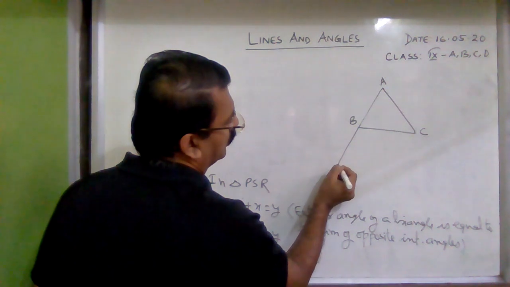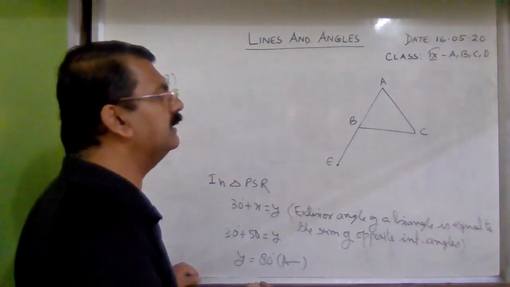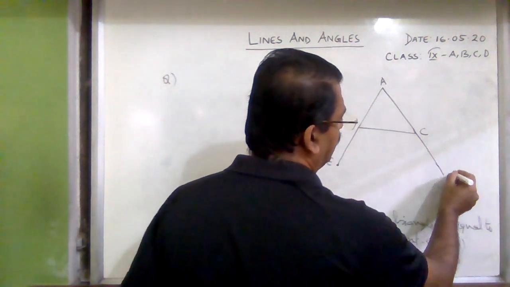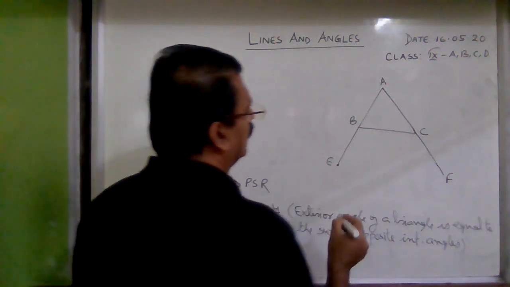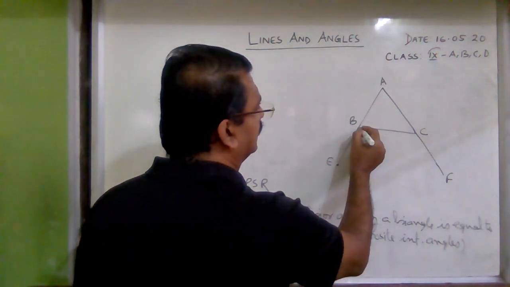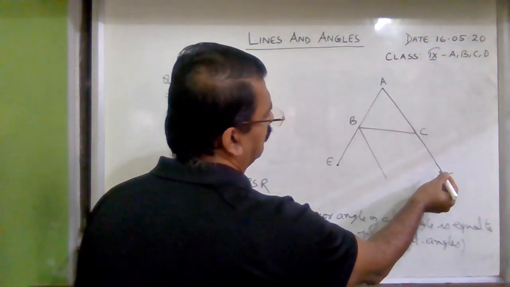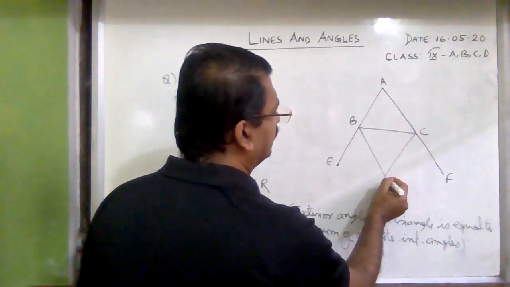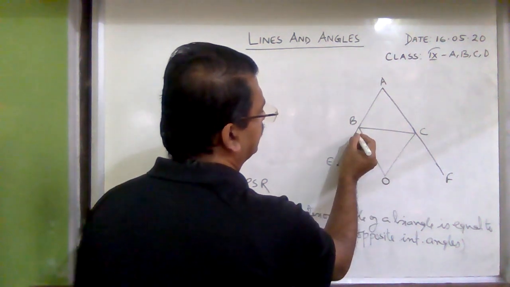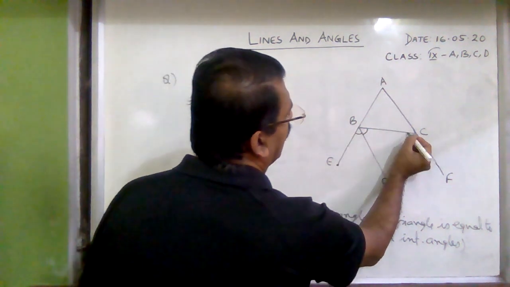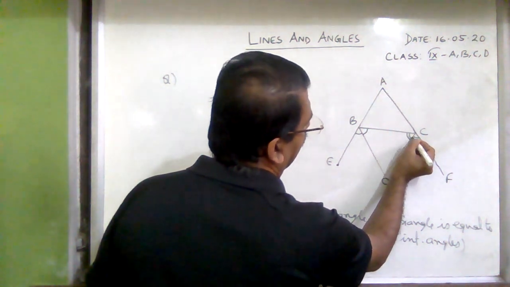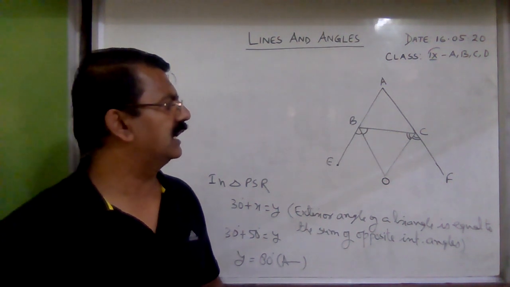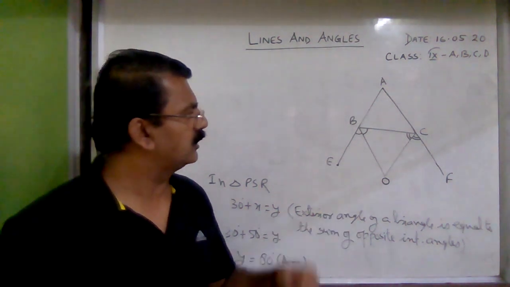AB is produced to a point E and AC is produced to a point F. Now, the bisector of angle EBC and the bisector of angle FCB are drawn and they meet at point O. Bisector means this angle will be equal to this angle and this angle will be equal to this angle.